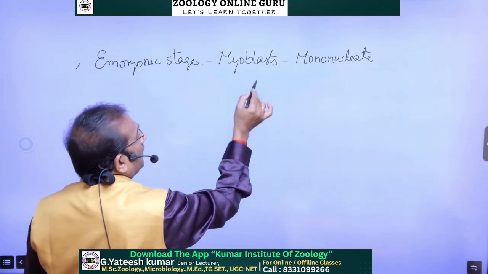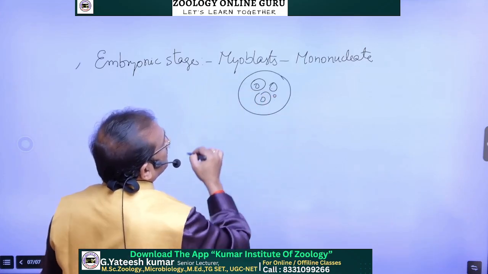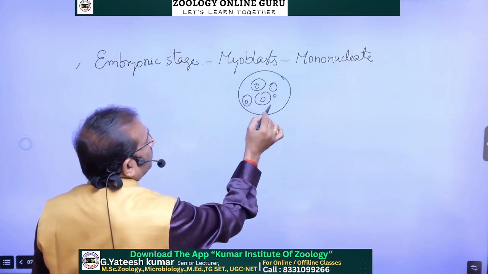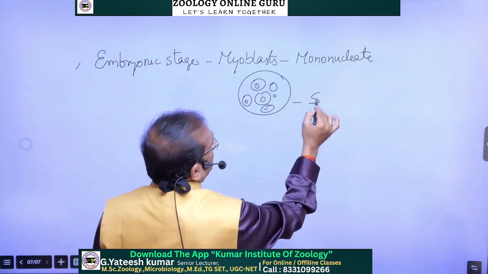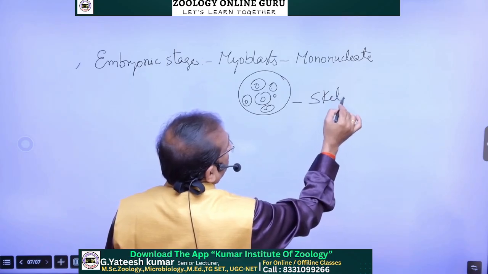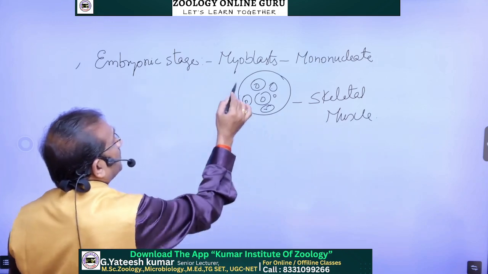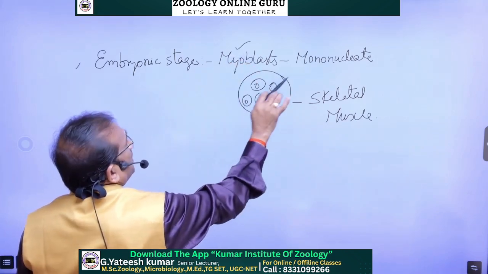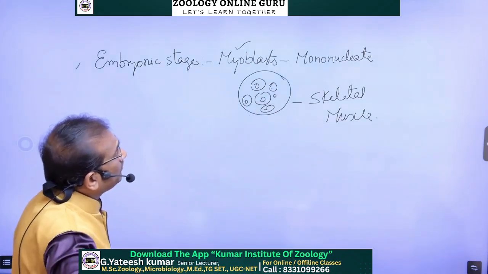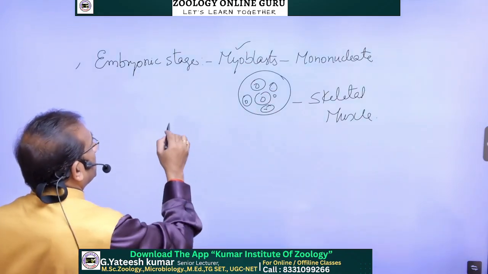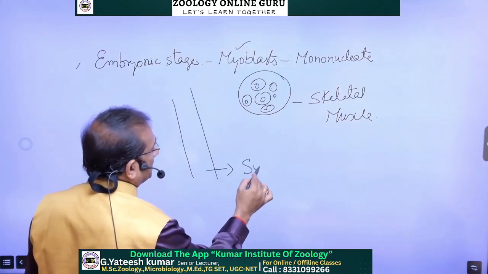All these single myoblast cells are covered in a single fiber and converted into a skeletal muscle. Whenever a group of myoblast cells collectively forms a skeletal muscle fiber, these skeletal muscles are syncytium in nature.